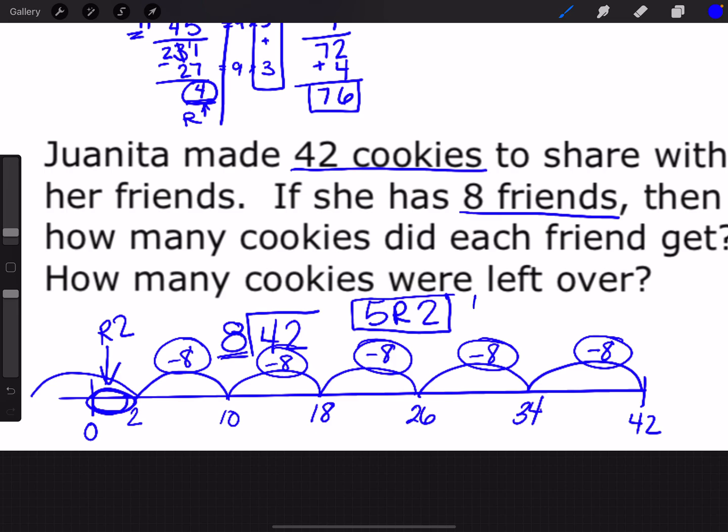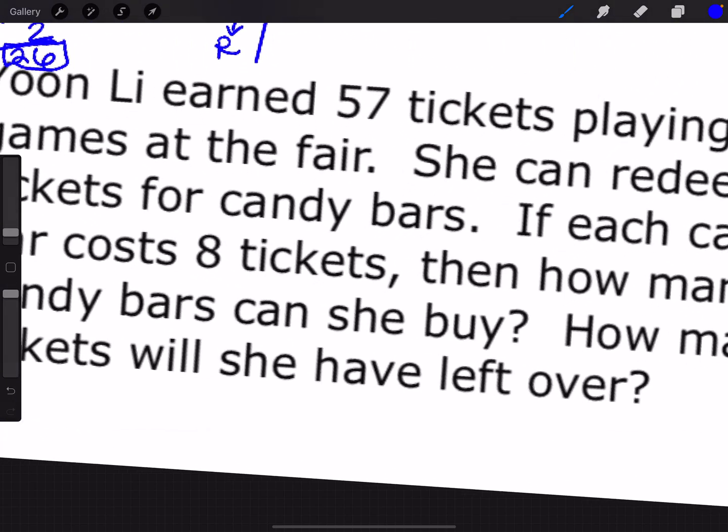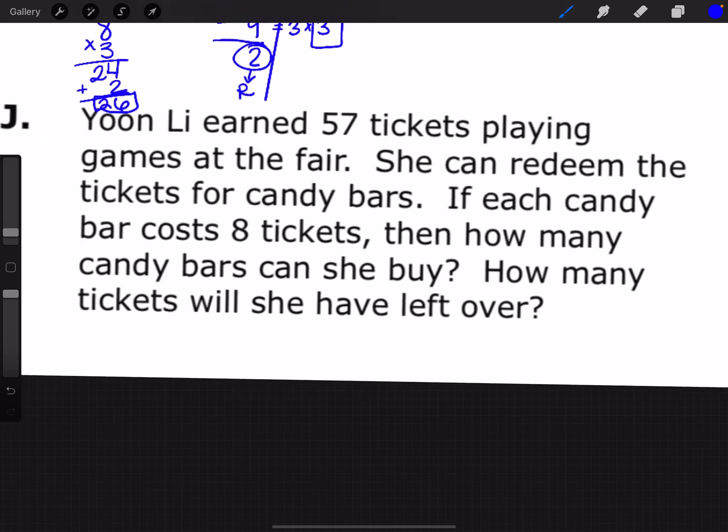It says, how many cookies did each friend get? Each friend gets 5 cookies with 2 left. Good job, guys.